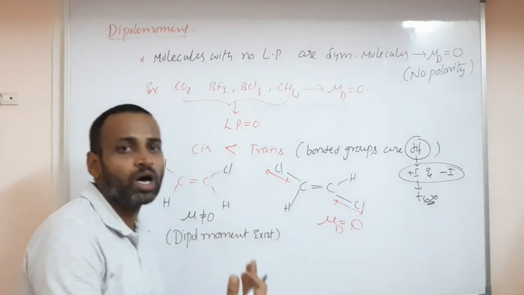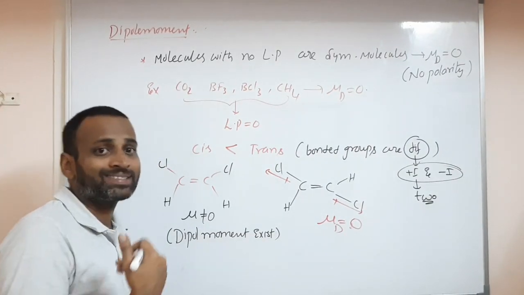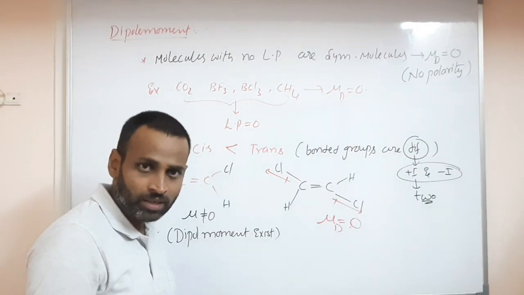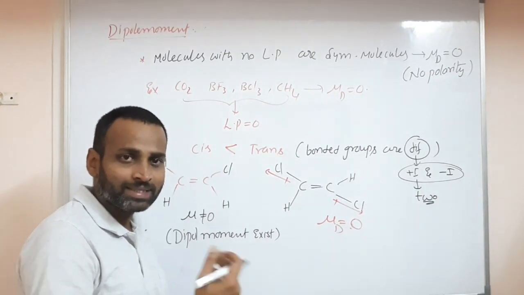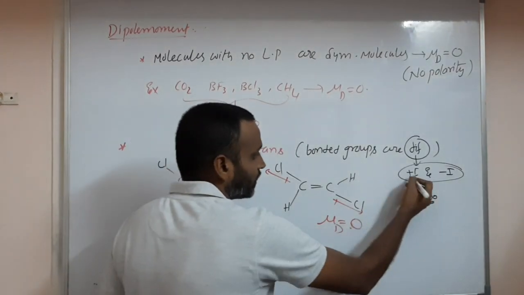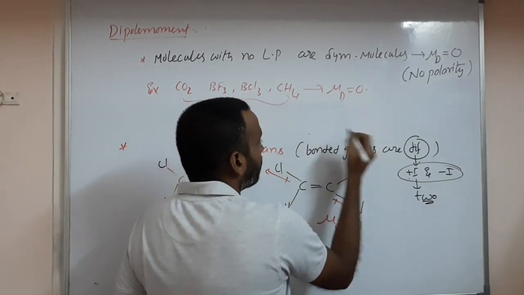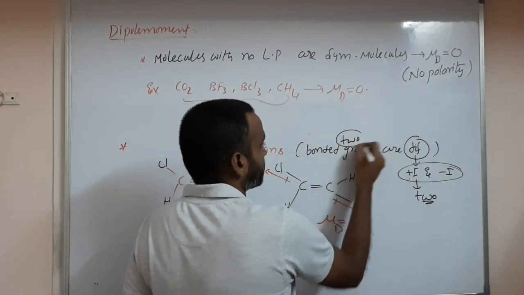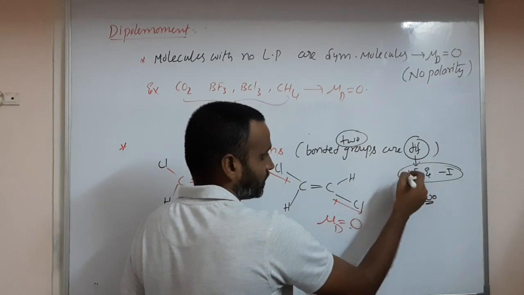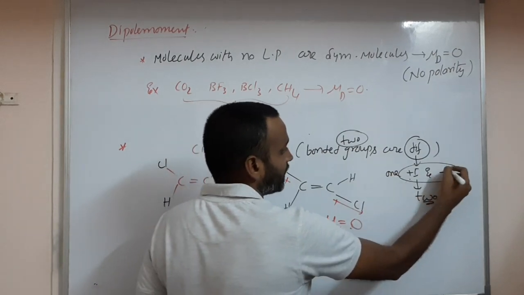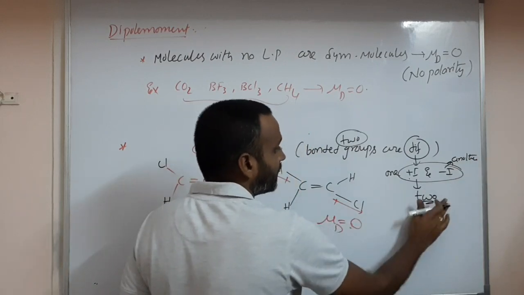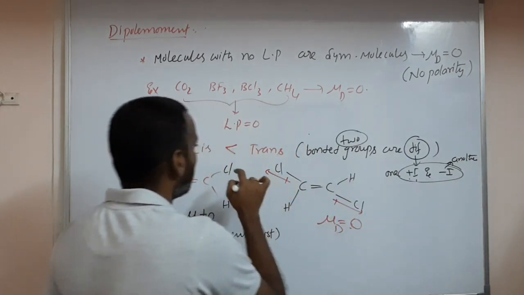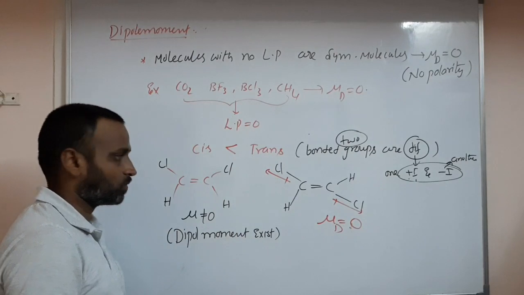Plus I means donor, minus I means acceptor. You know that, the inductive effect, mesomeric effect. Plus I means electron donating group. So the two bonded groups are different, one is plus I and another is minus I. Then, if you see, trans has more dipole moment.